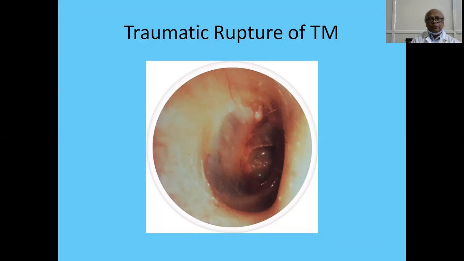So treat her symptomatically with antibiotics, painkillers, no ear drops, no water should go inside. Just keep a little sterile cotton in the ear and follow her after 2 or 3 weeks. The perforation will be nicely healing. If the perforation doesn't heal, then you have to do a myringoplasty.